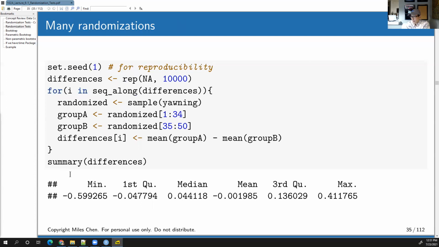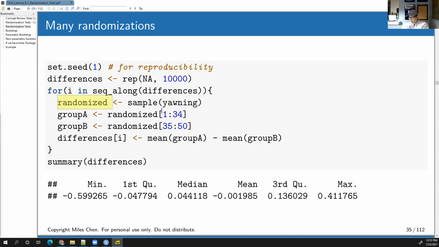And so here I'm going to do this 10,000 times. Every single time, I'm going to shuffle those 50 values in that vector yawning.